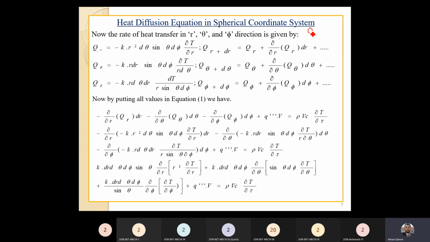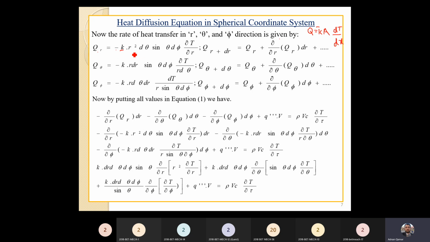Q is equal to K, and minus sign is also with it. So what is Qr? See your figure. Minus K is also there.